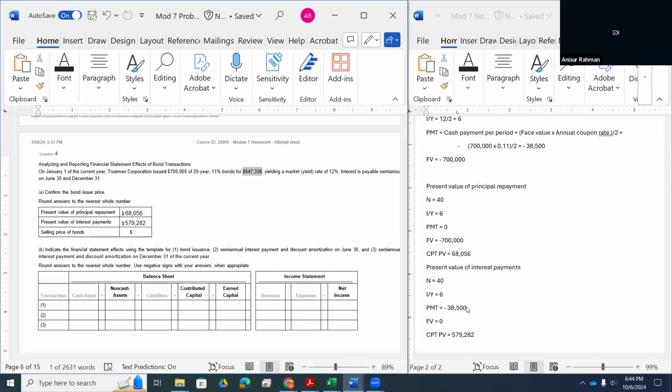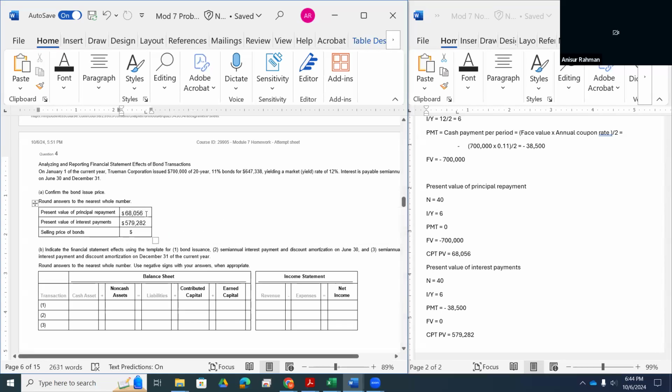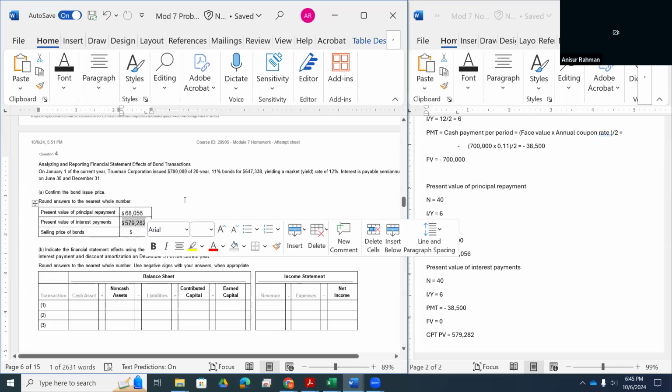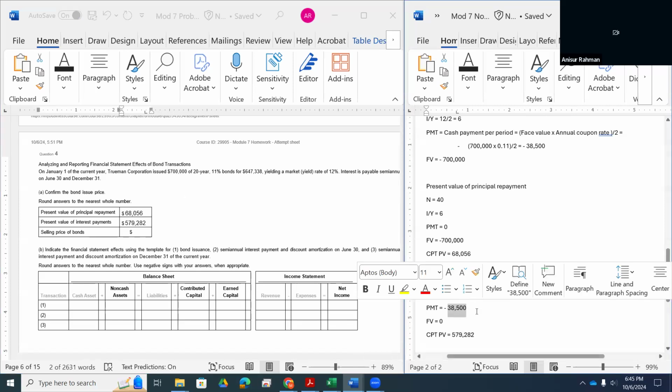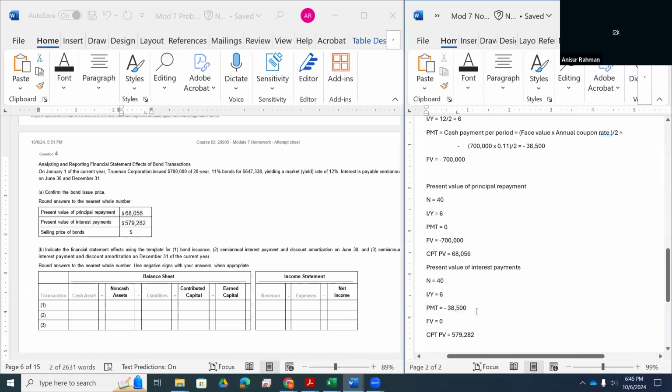So if we calculate the present value of this, first of all, the present value of principal repayment is $68,056. So this is the present value of the $700,000 paid at the end of 20th year. The second amount is a present value of all these interest payments, fixed interest payments paid for 20 years at the end of each semi-annual period. So 40 payments. So these are the total payments made, and that is the price of the bond.